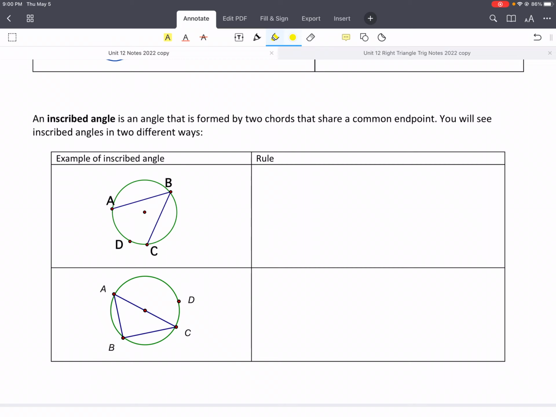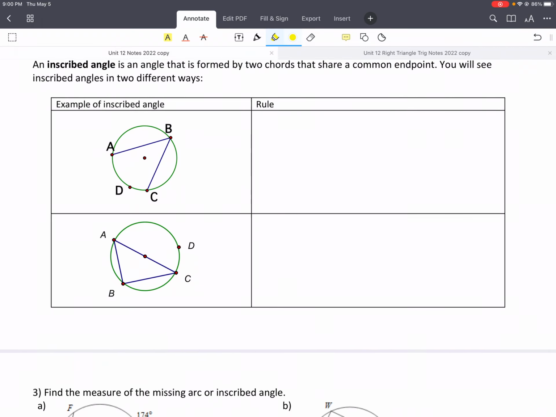This first example, we have points A, B, and C, and as you can see here, it makes an angle. So instead of going through the center, they don't, and they go around and make an angle. So there's going to be two different kinds of these. This first one, as you can see, it's not made by a diameter.